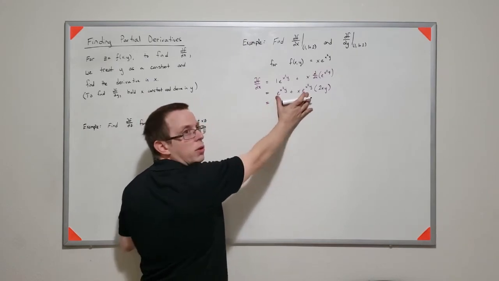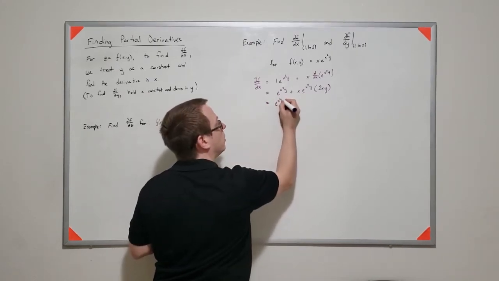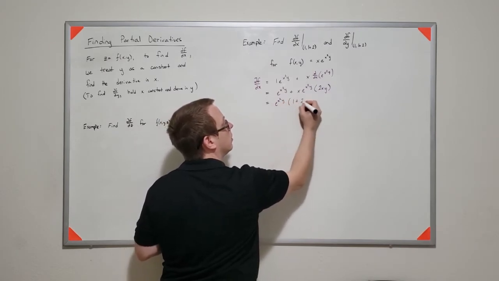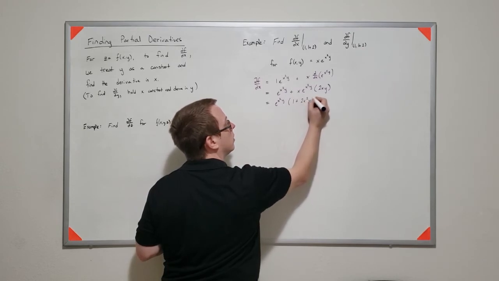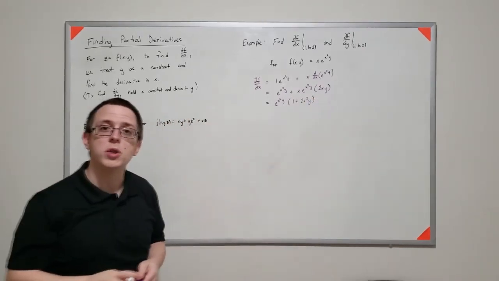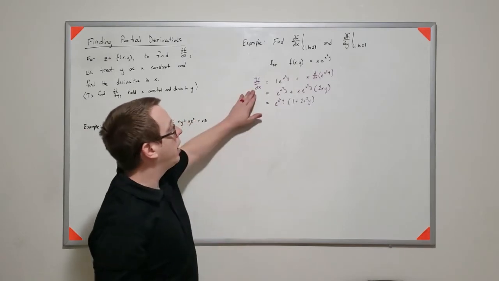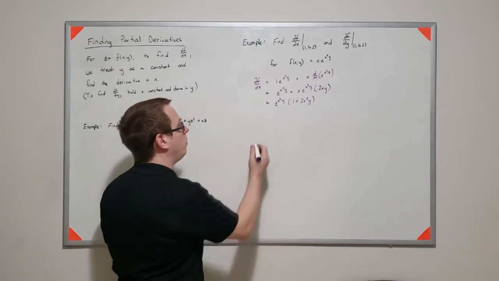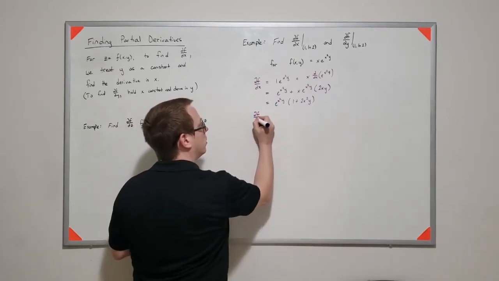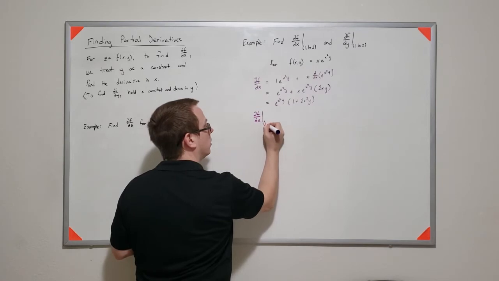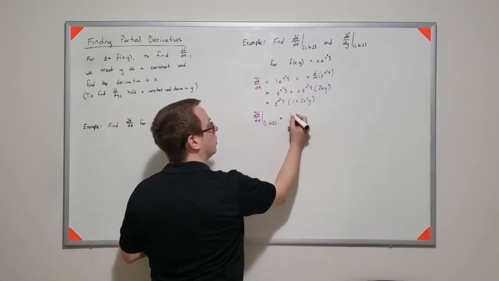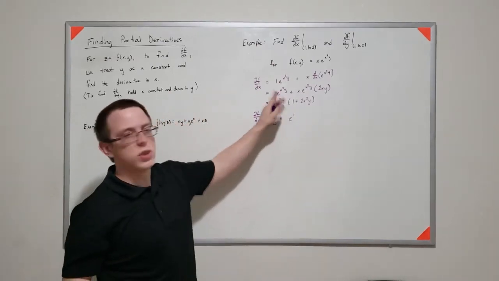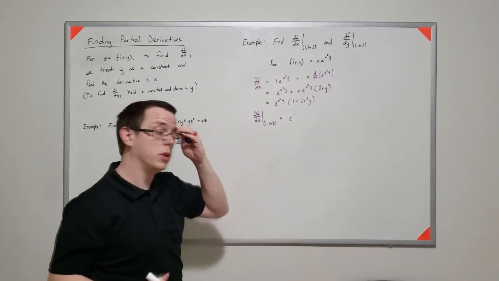Then if I factor out an e to the x squared y, I get 1 plus 2x squared y. But I want to evaluate this at the given point. 1 squared is just 1, so I'm not going to write that in.